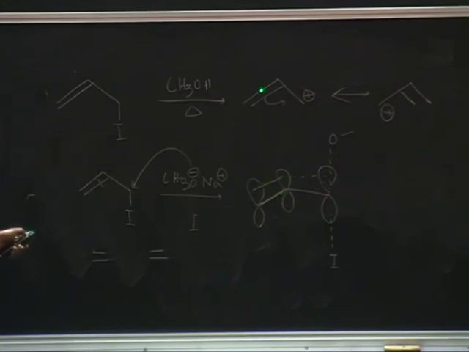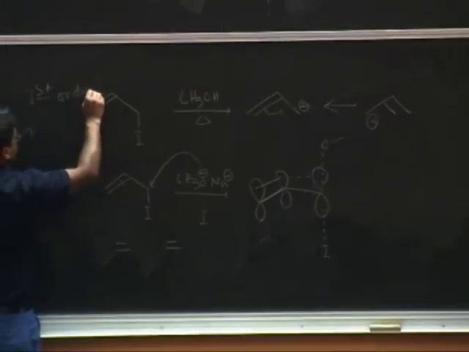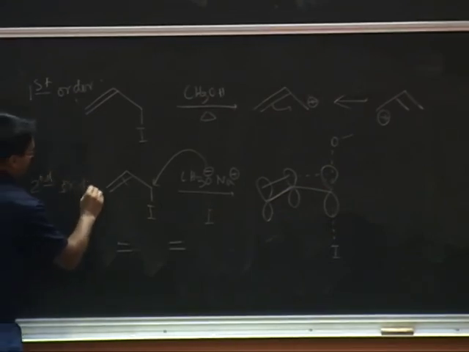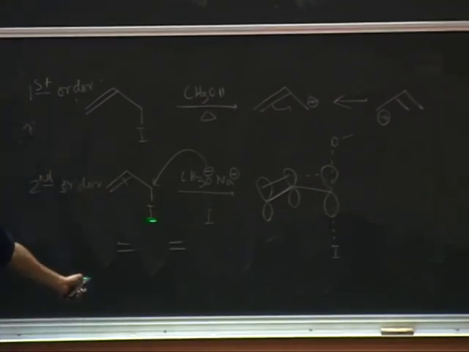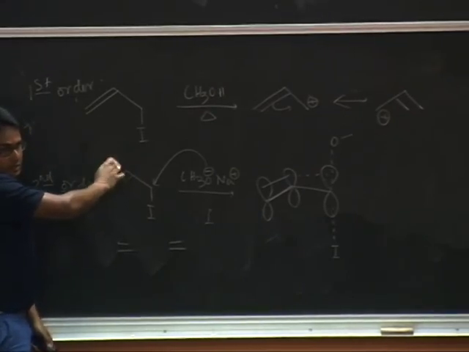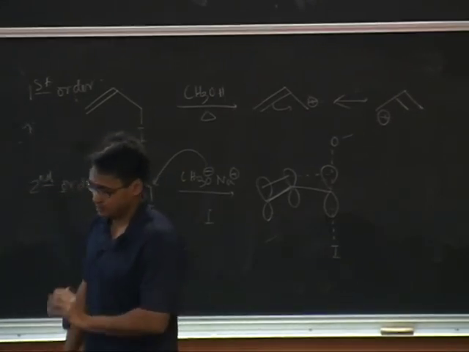These p orbitals. So both first order and this second order are favored if you have an allylic. Benzylic would have a benzene ring over here, okay? So both those are favored. We'll see more problems of this.